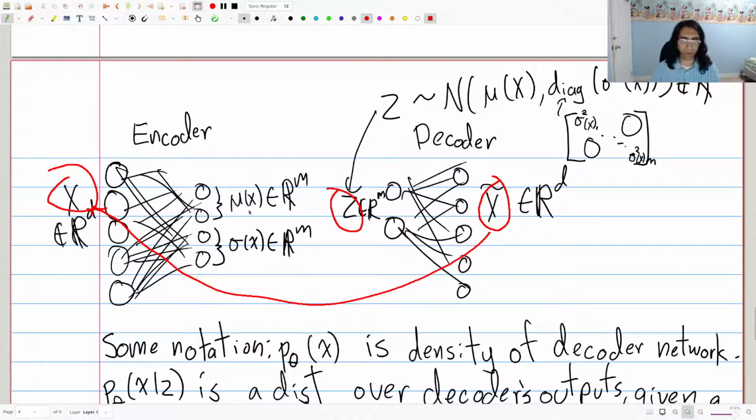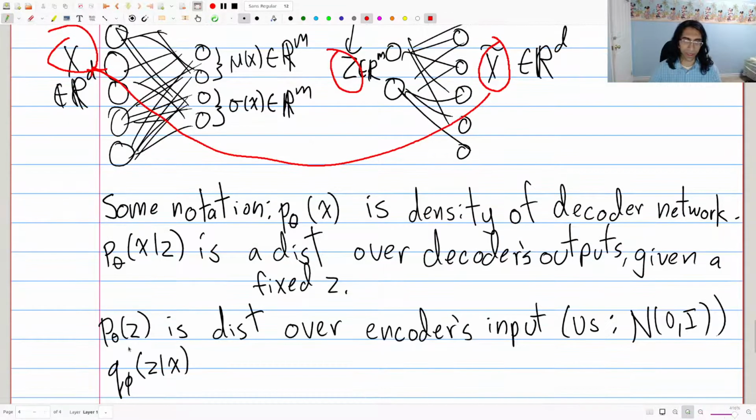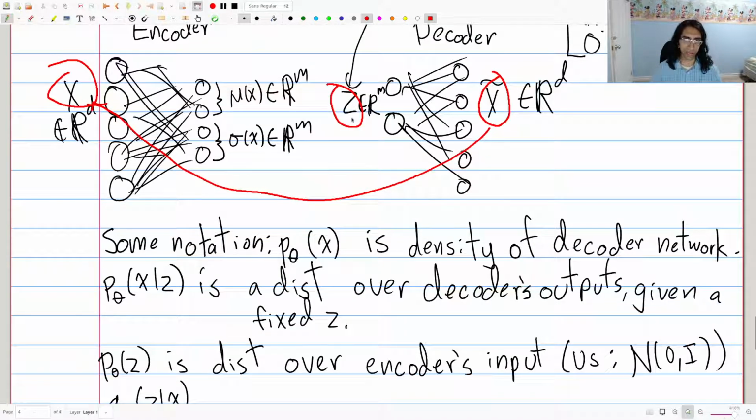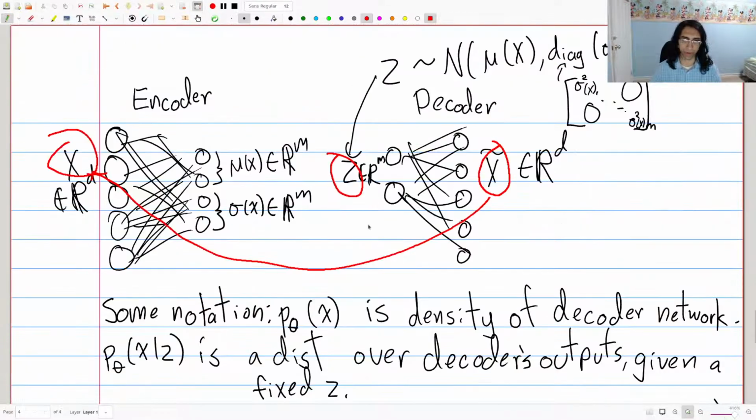The other thing we want is that when we map a point, we want it to be mapped to this N(0, I), because like we said, we're going to enforce that the decoder's distribution over this latent vector is the identity covariance Gaussian, because that's what we're going to sample from.